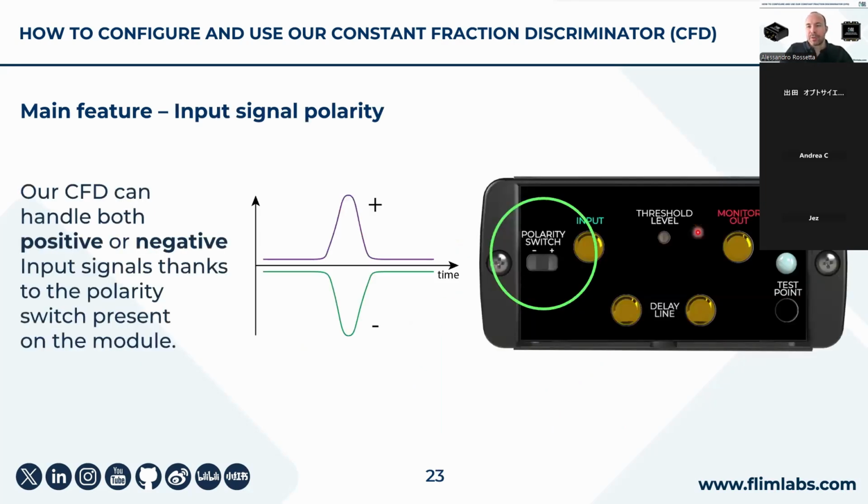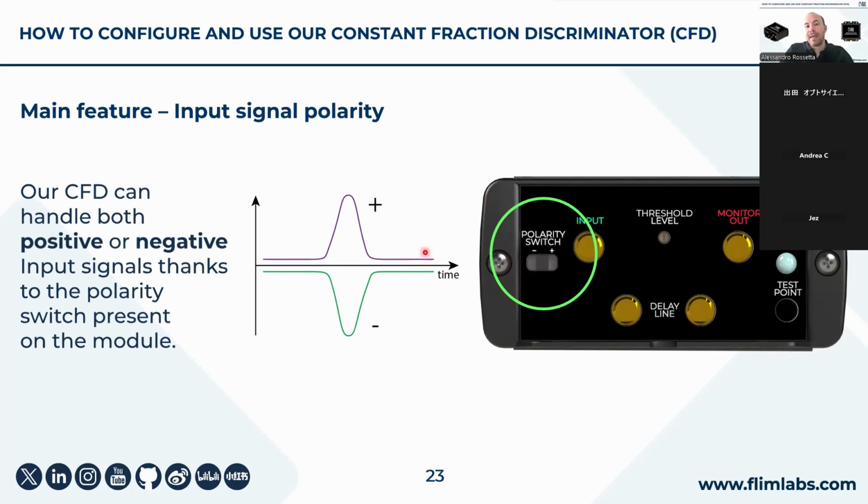Another feature of our constant fraction discriminator is the capability to deal with both positive and negative input polarity signals. This means that, for example, if we need to digitally discriminate an input coming from a photomultiplier tube, which usually is negative, then we can use the CFD by changing the polarity switch to negative.